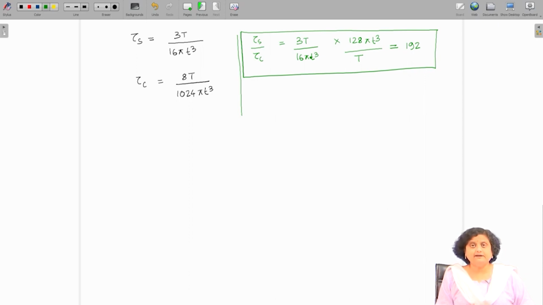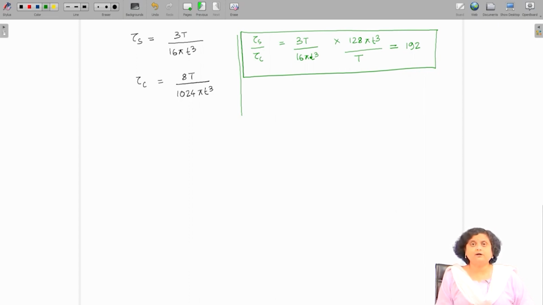shaft. Similarly, we have also seen that not only the shear stress, but the angle of twist is also 24 times more for an open cross section shaft as compared to the closed cross section shaft. So, just a slit makes this huge difference in the torsional resistance of a shaft.